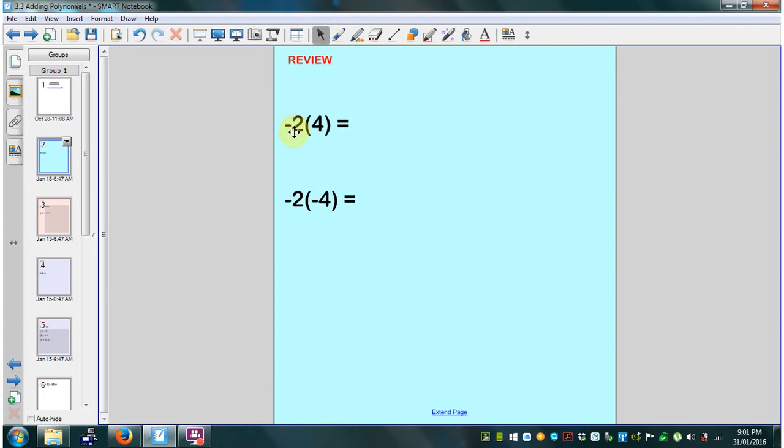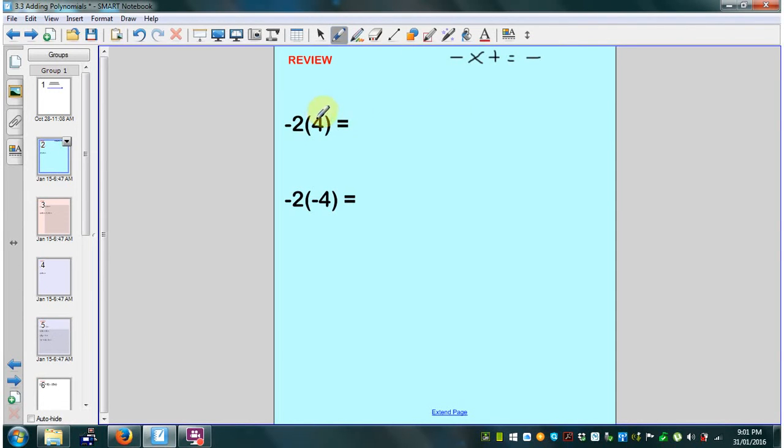Okay, so just a quick little review when you're working with negative numbers. If you saw something like negative 2 times 4, you would recall that a negative number times a positive number gives a negative number.